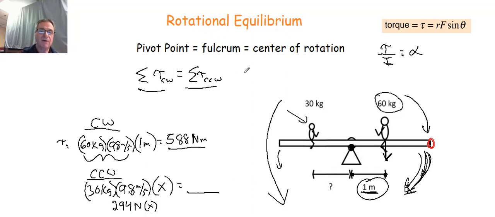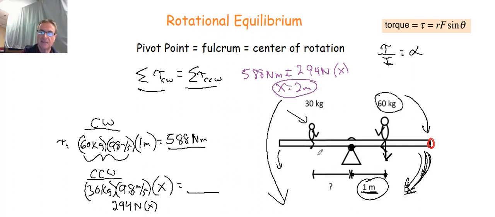So I've got 588 newton meters is equal to 294 newtons times x, and x, of course, is in meters. If I divide each side by 294, I can get the value of x where the person on the left is going to have to sit. And as you might have guessed, x comes out to be 2 meters.